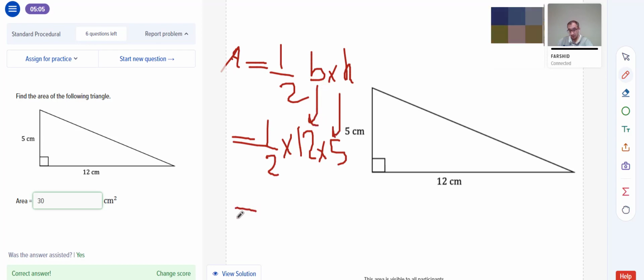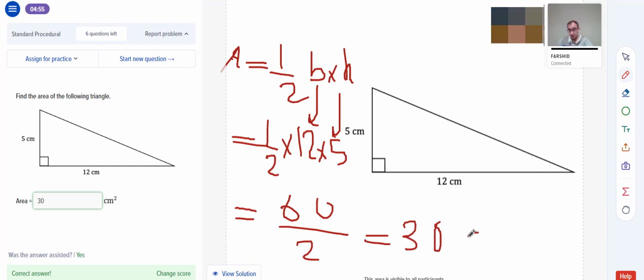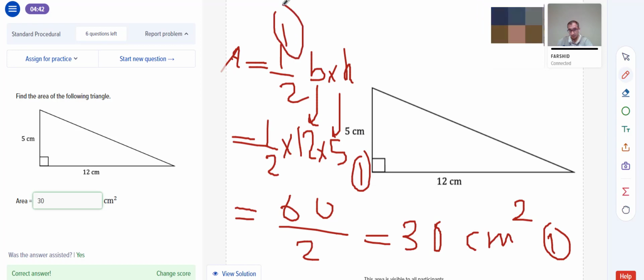This is one part of your marking. And then 60 divided by 2 equals 30. And also, the marker requires that you use appropriate units. Yes, you are, square centimeters. So remember, it has a mark.